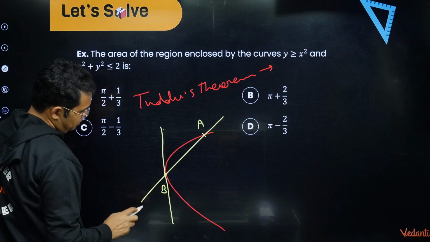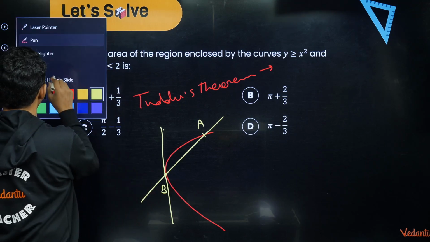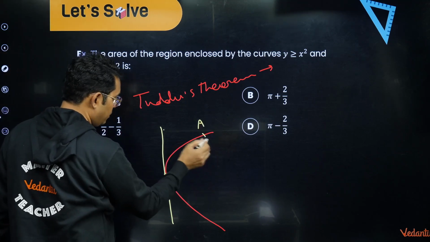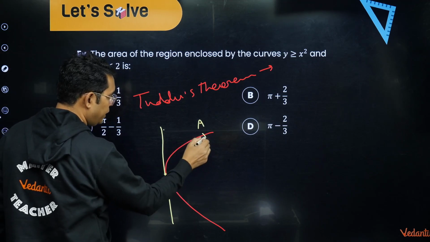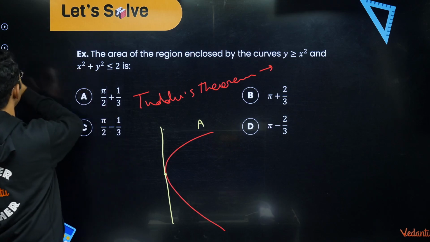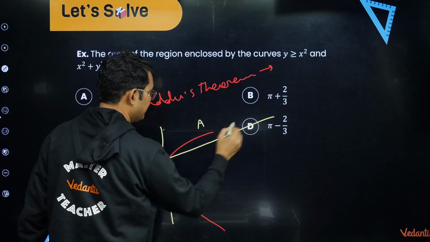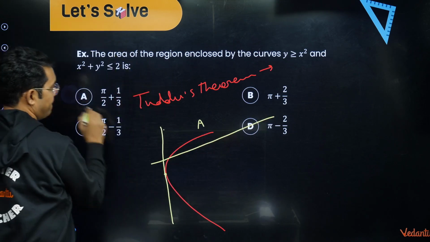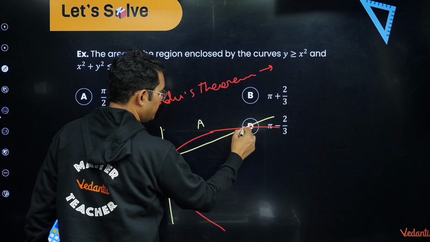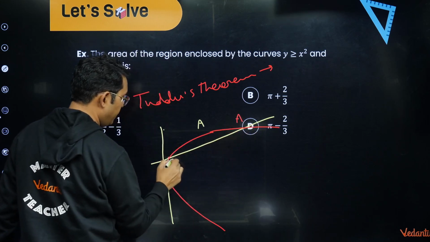Let me do one thing intentionally: I will make this AB so that it doesn't look like B is at the vertex. Rather, I will make a line like this. This is point A and this is point B.